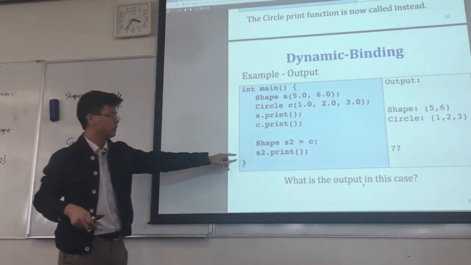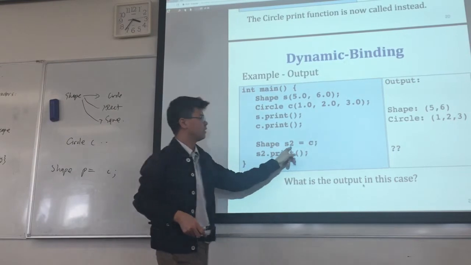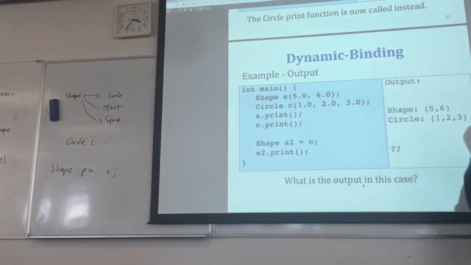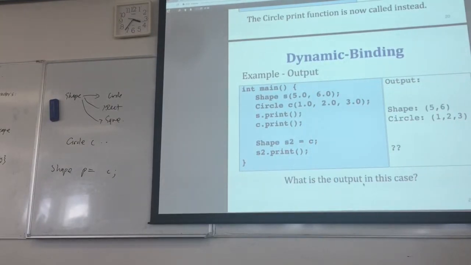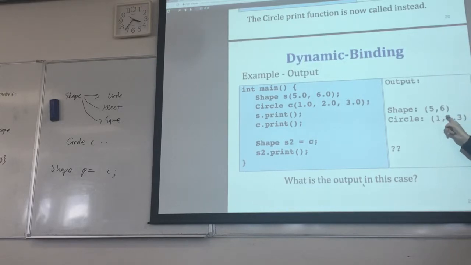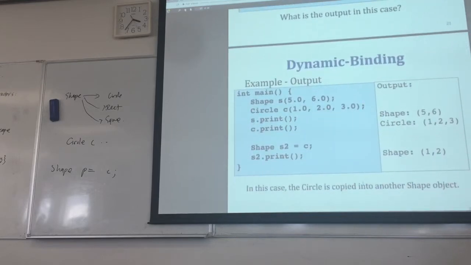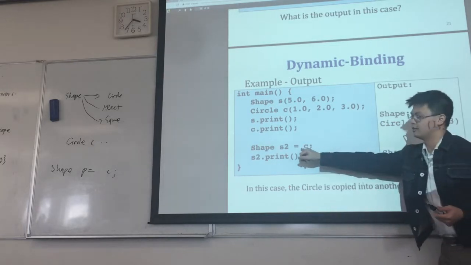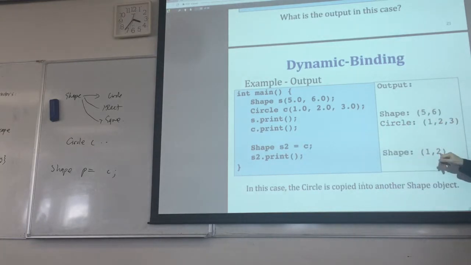So when you call this, obviously this is a shape. It is truly a shape, it's not a circle. It will print out only the first two numbers. These two numbers are copied by this line, and then they are printed out by the print function that belongs to the shape class.